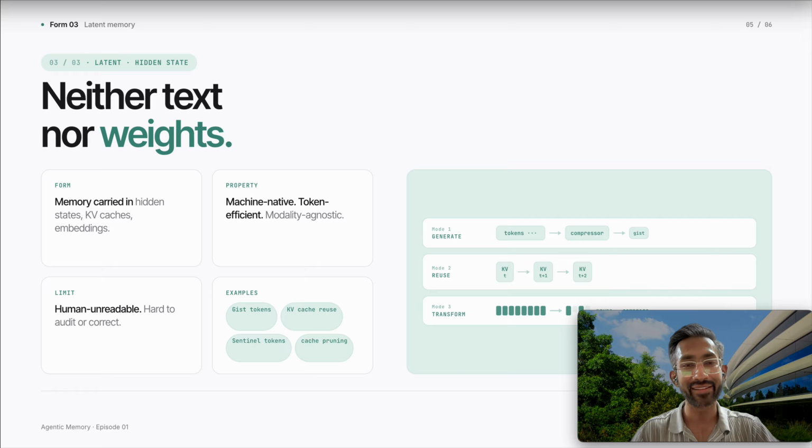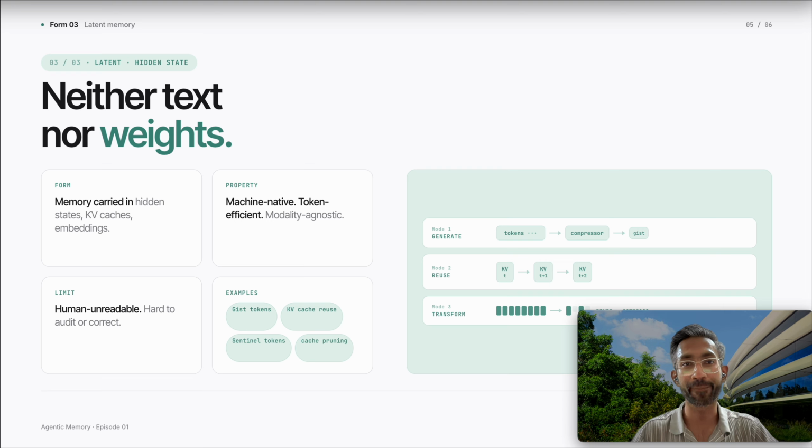Generate: an auxiliary module that produces compact latent summaries, like gist tokens that compress a long document into a few vectors. Reuse: the KV cache from prior computation gets propagated across turns. Transform: existing latent states get compressed or pruned to stay within budget.